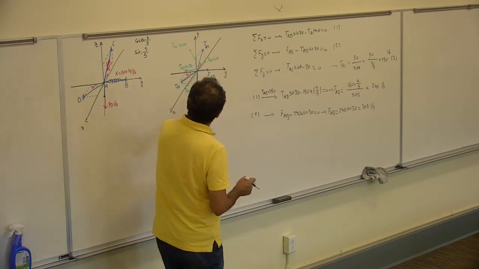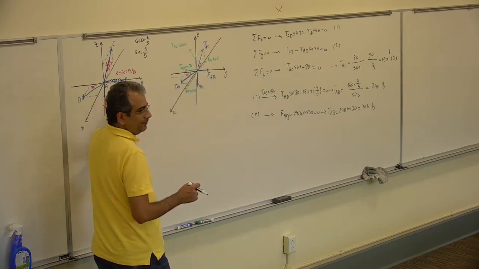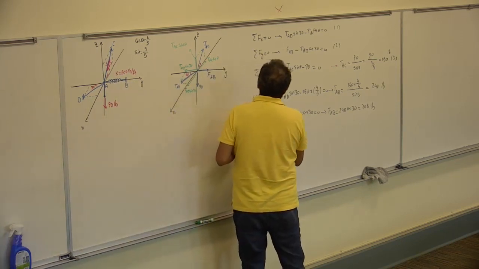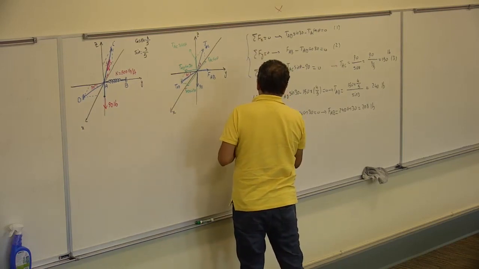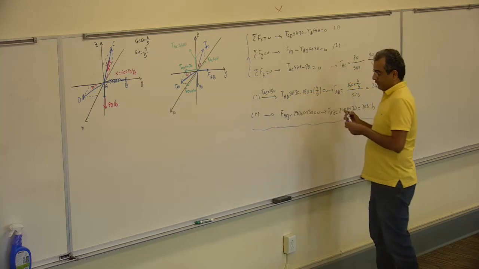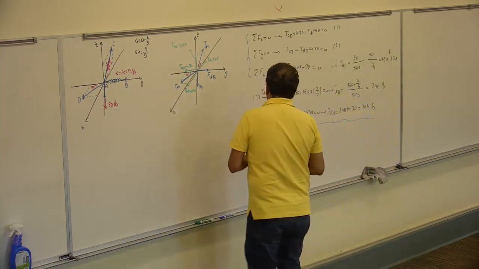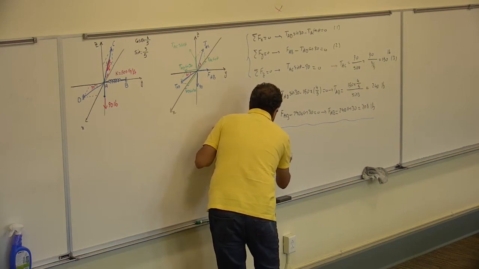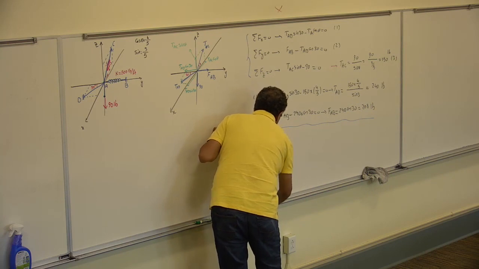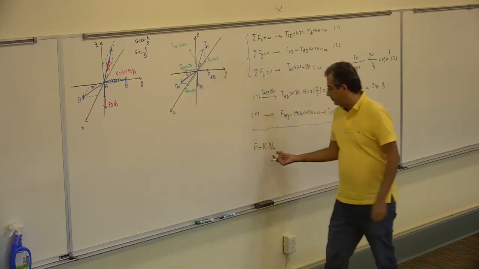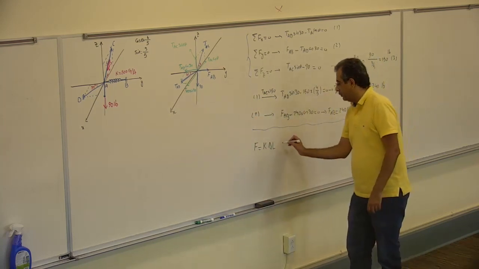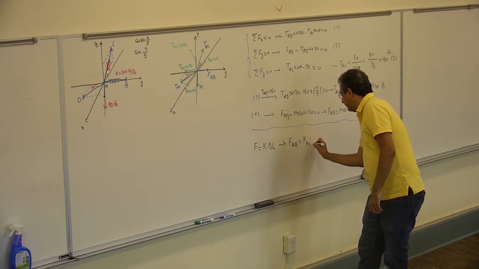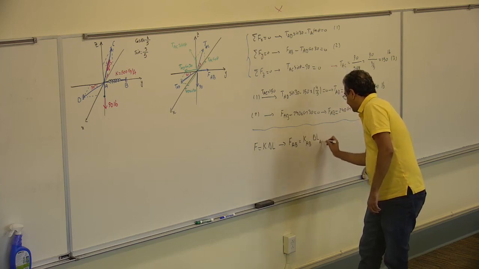Now, how much is the deformation in AB? We know that for the spring, F is K delta X, or delta L, changing the length. So FAB is KAB delta L in AB.